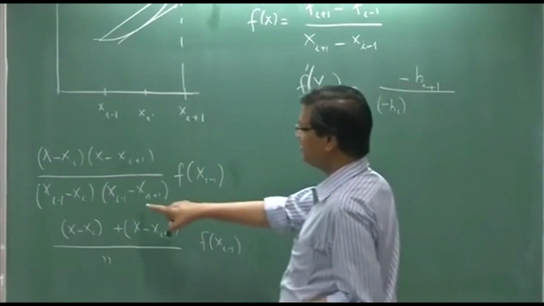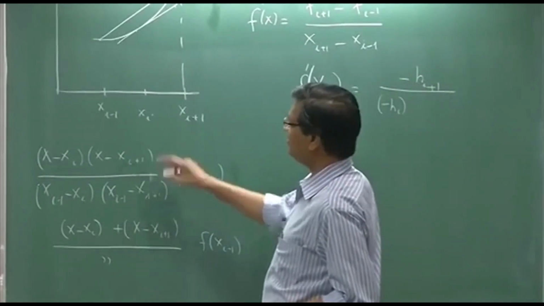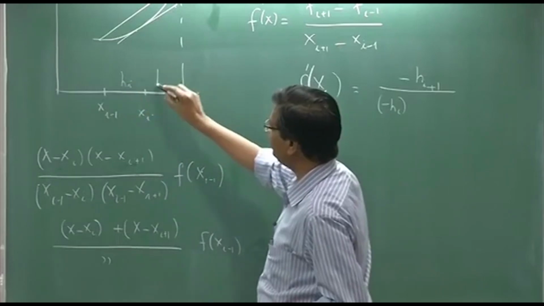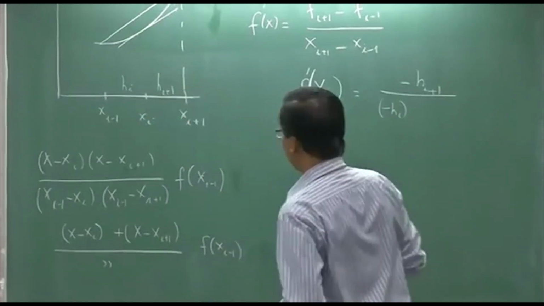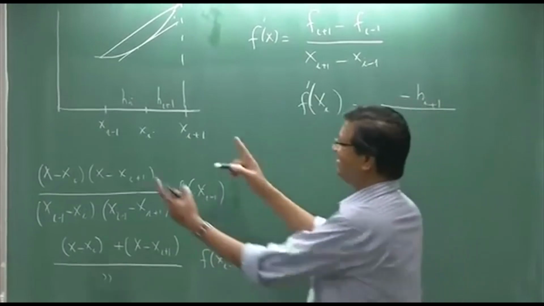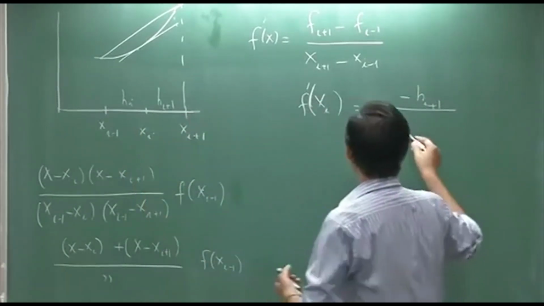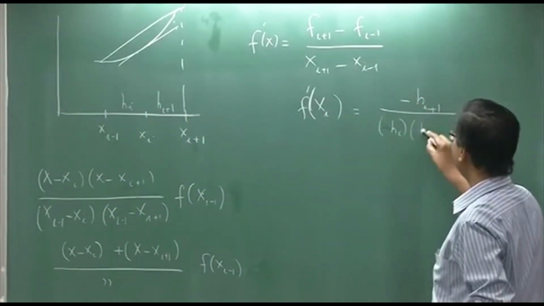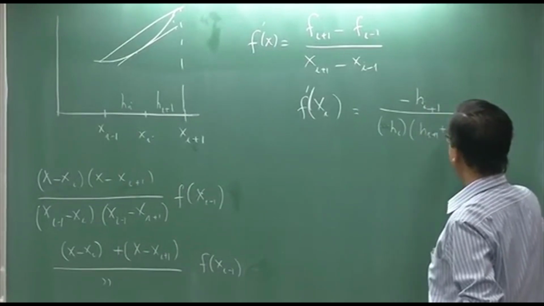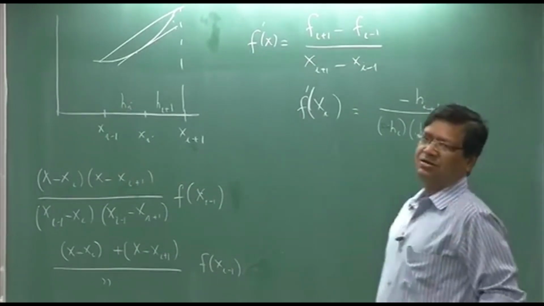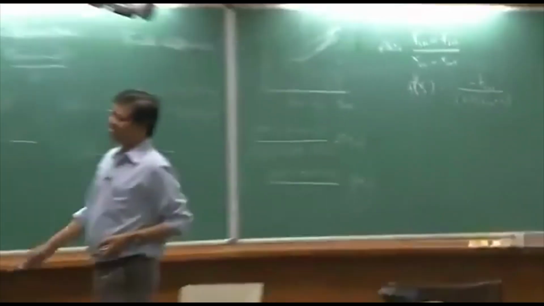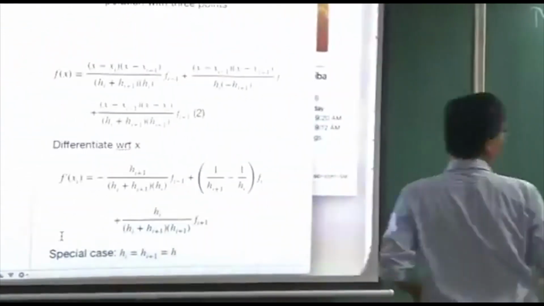And what about this? This is hi and this is hi plus 1, so you have to add them together, it is this difference. Minus minus becomes plus, so I am going to write it as hi plus 1. Okay, so this is the first term, and fi minus 1 of course.